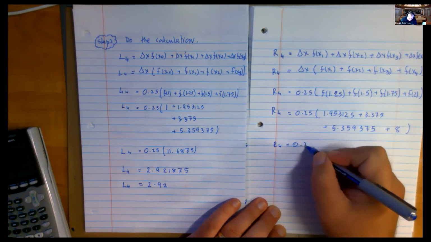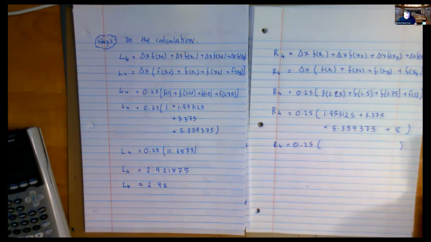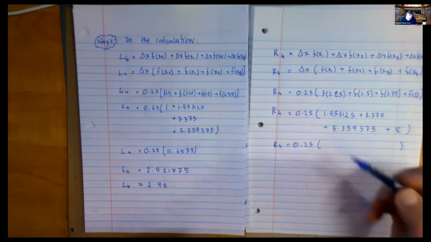So that becomes 0.25, and you add all these together. So I have 11.875, add an 8, take away. And I hope I got this right.